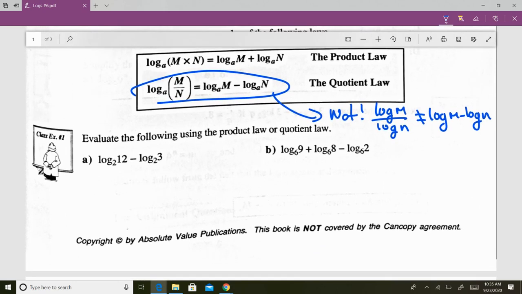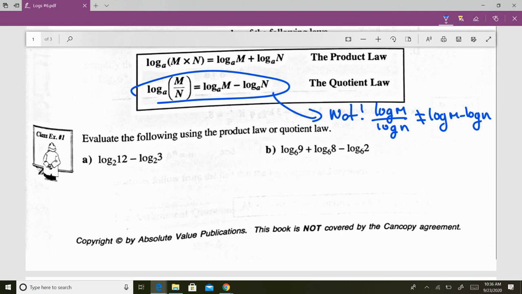All right, so we're just going to practice this. So what we can do now is we can have expressions with multiple logs in them and combine them down and simplify them to get a single answer. So log base 2 of 12 minus log base 2 of 3. If the bases are the same, you can add them or multiply the arguments, right? So this, we're subtracting, is dividing.